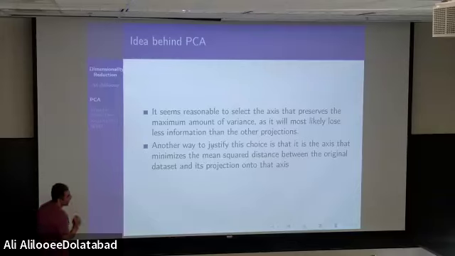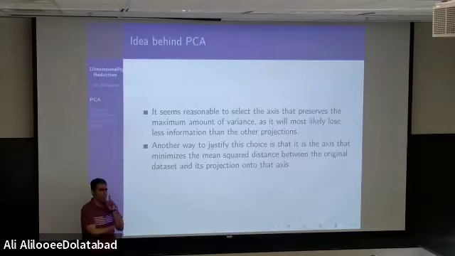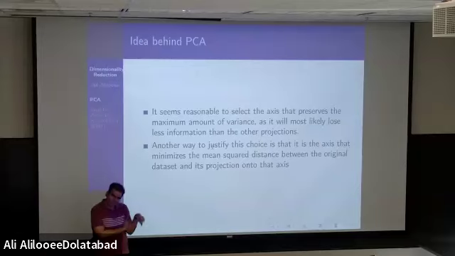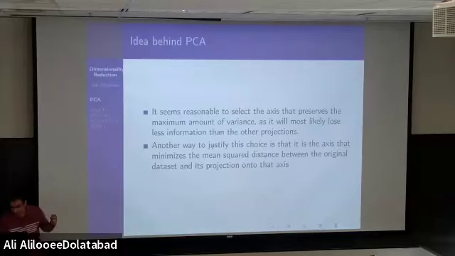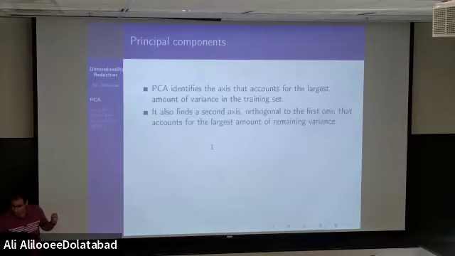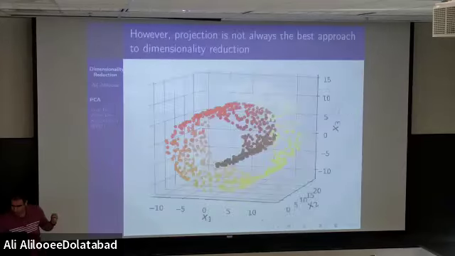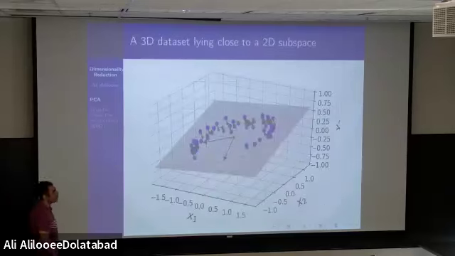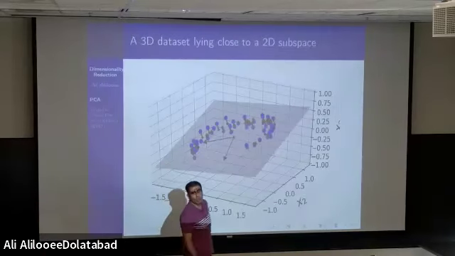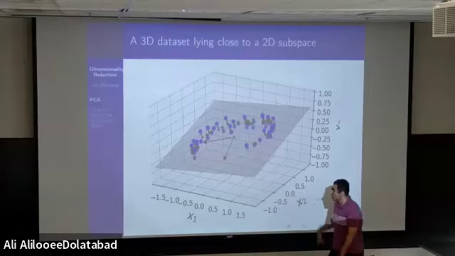Someone can say that, okay, it is good for the case that we have a two-dimensional data set. What about if we have three-dimensional data, for example, something like this? In three dimensions, what can we do?